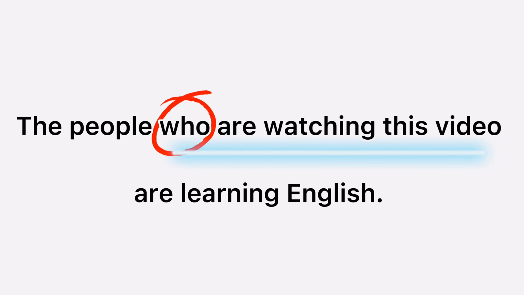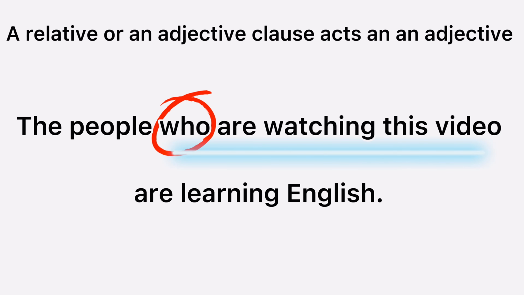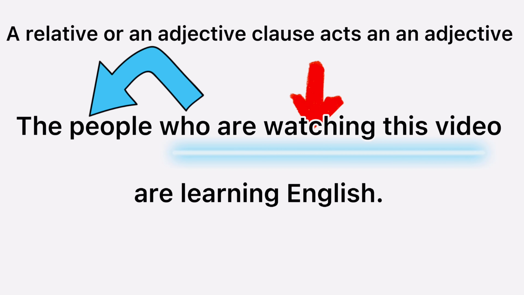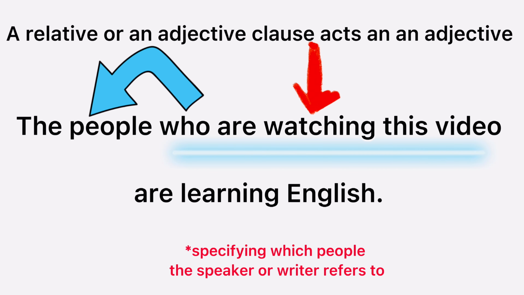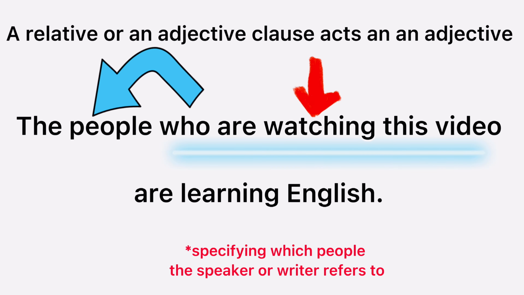Words like that, which, who, whose, when, and so on. An adjective clause acts as an adjective. In this case, the relative clause that begins with the pronoun who modifies the noun the people, specifying which people the writer refers to.